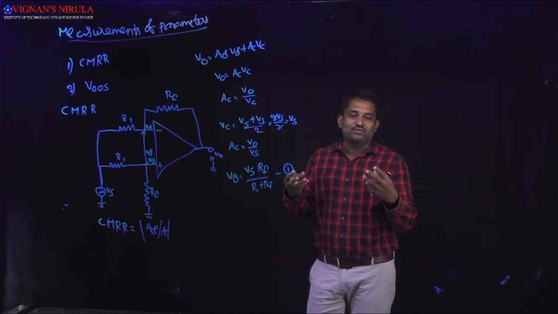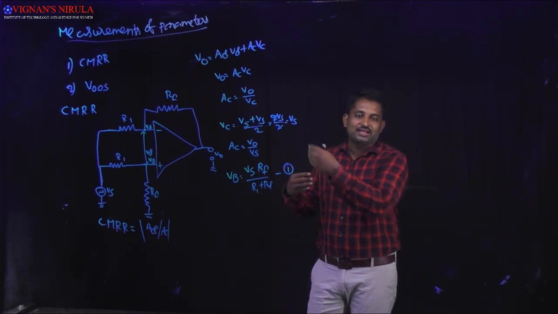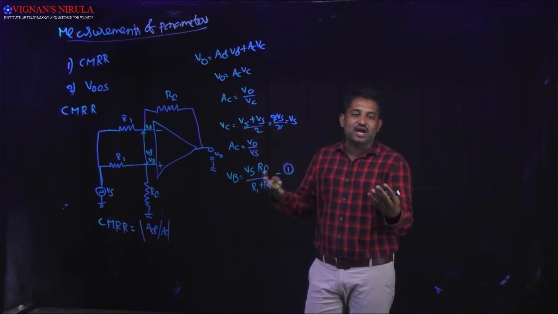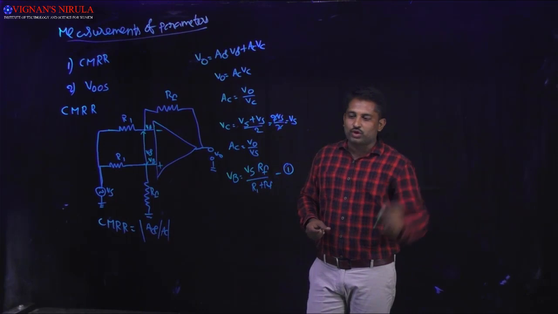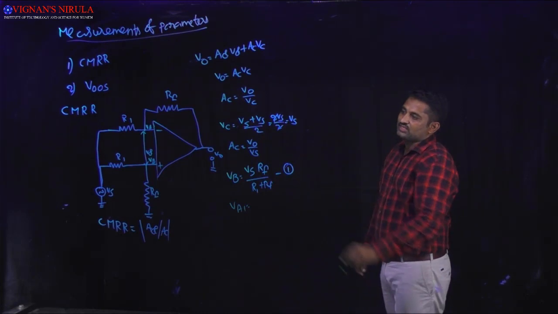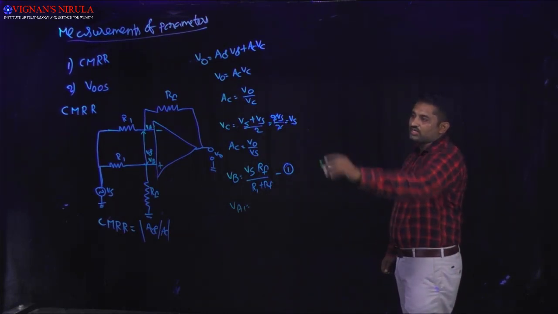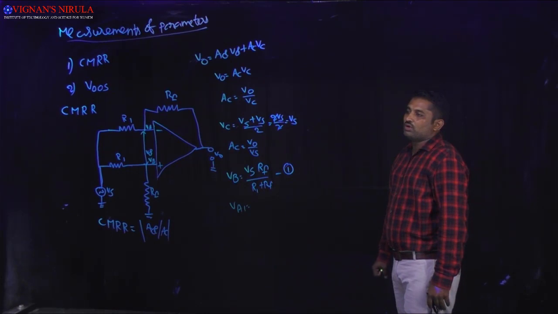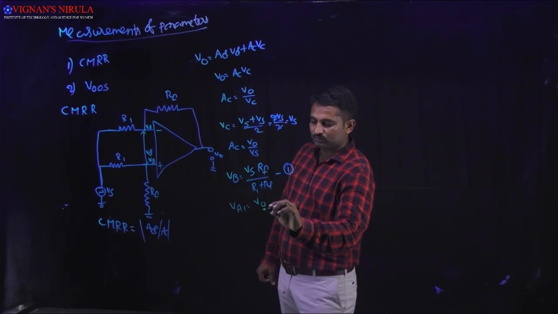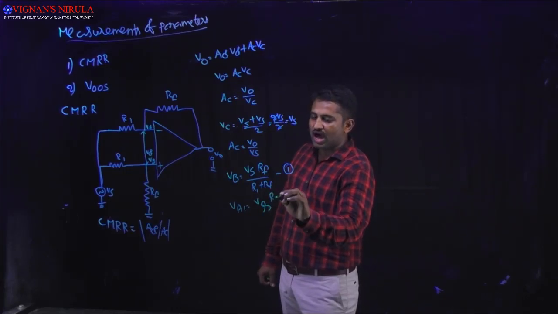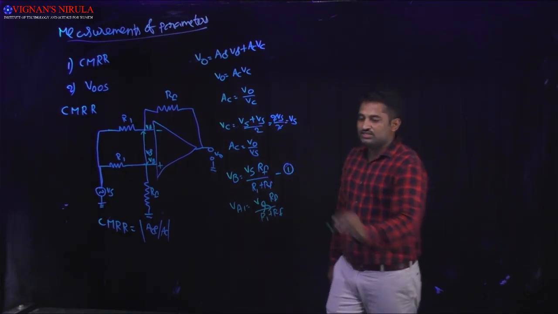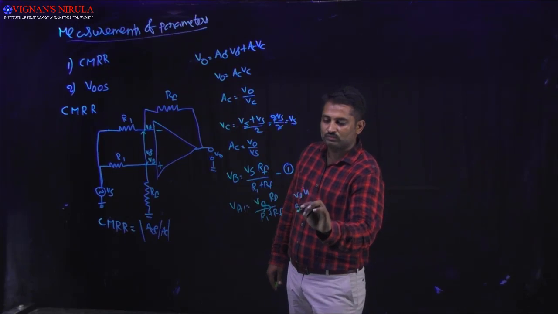So we calculate the value one after the other, while making the other input terminal connected to ground, and finally club those two values. First I am going to calculate VA1. VA1 is calculated while V0 is connected to ground. Using the voltage divider rule, VA1 is equal to Vs into Rf divided by R1 plus Rf, when V0 is ground.